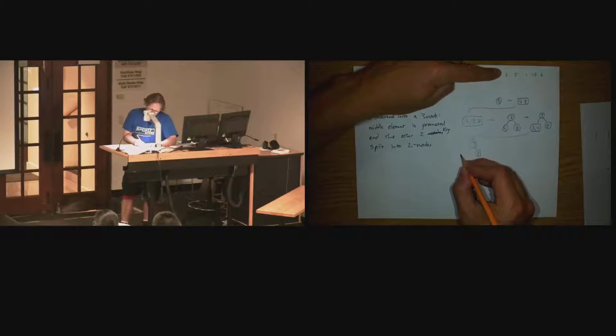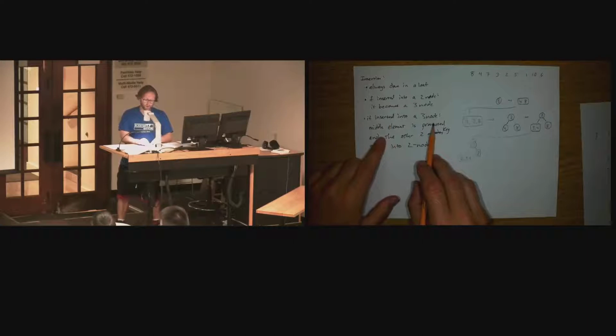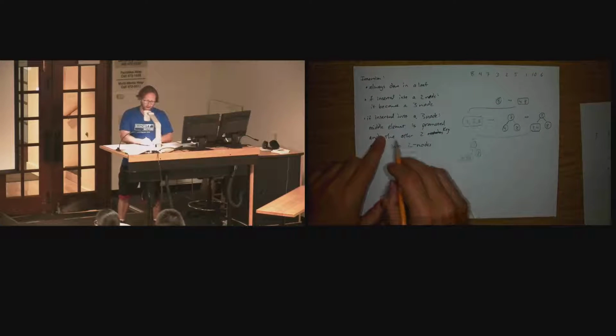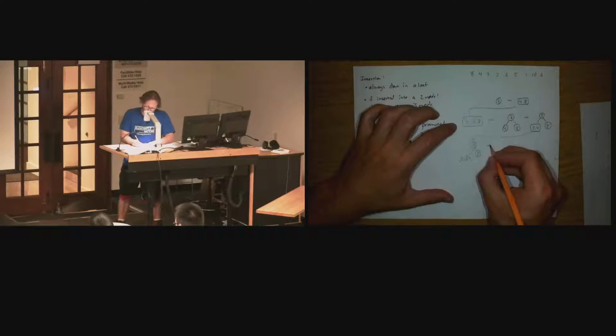What we've got down here temporarily is an overfull node: 2, 3, and 4. So again, if it's inserted into a 3-node, the middle element gets promoted up, and the other 2 keys split into 2 nodes.